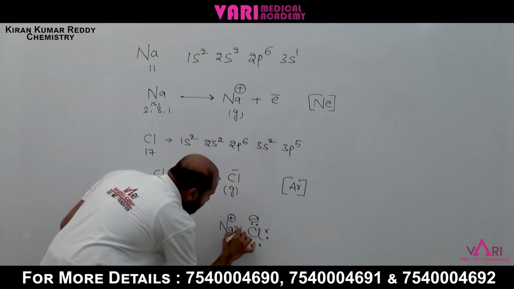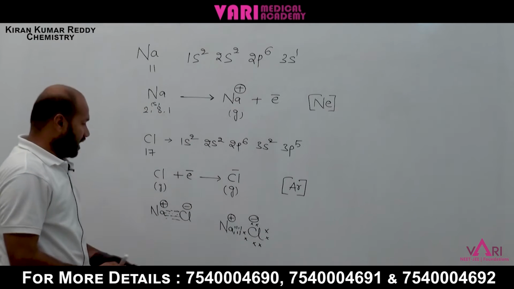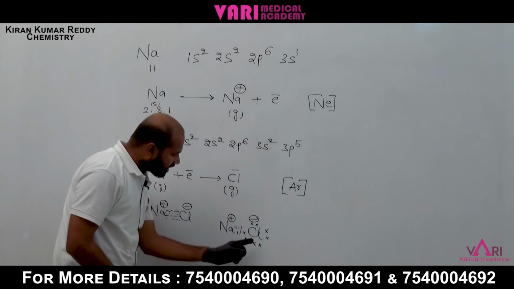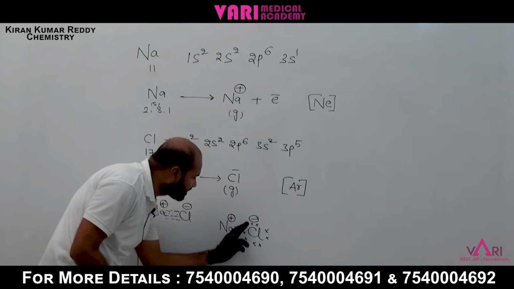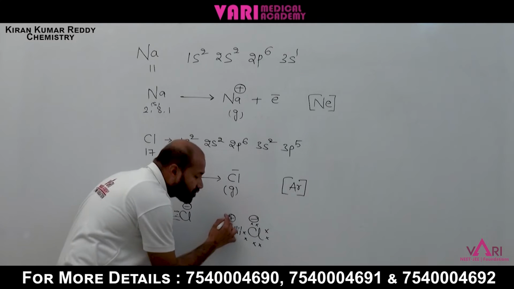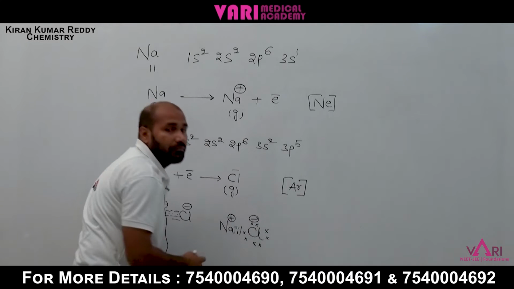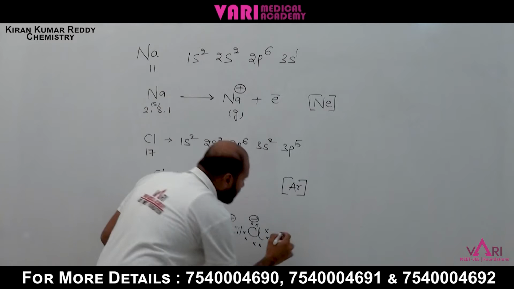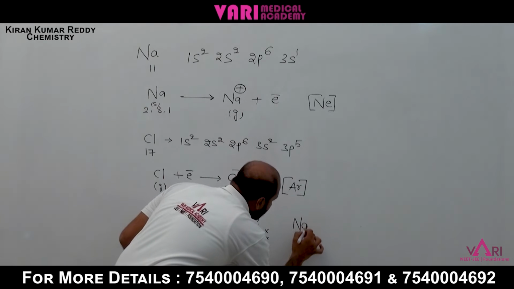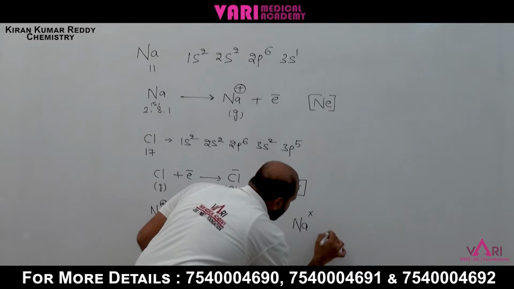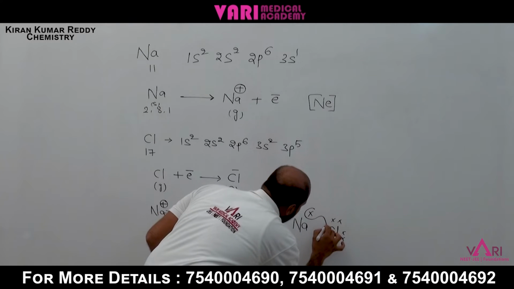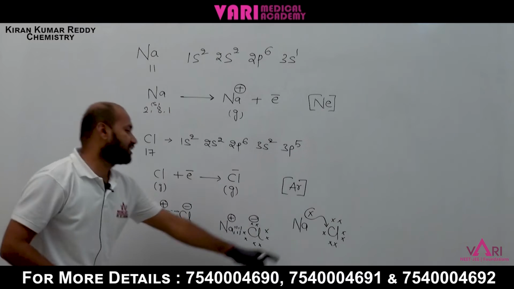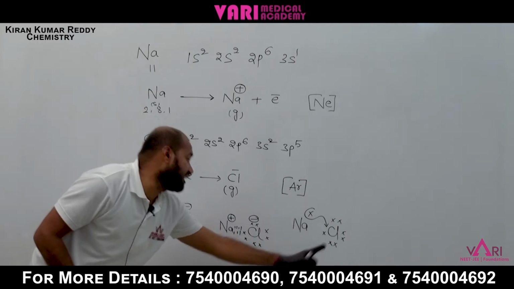Na plus has lost its electron. Chlorine already has 7 electrons, and one extra electron is given by sodium to form the bond. In the Lewis dot structure, Na gives 1 electron, and chlorine has 7. This is the Lewis dot structure of NaCl.